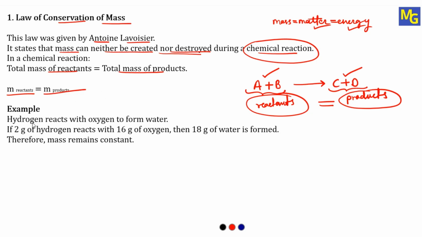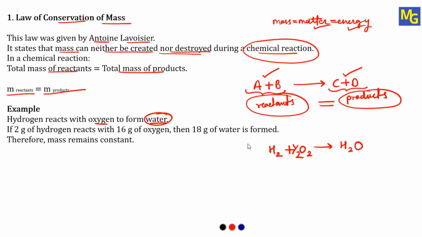Now see the example. Hydrogen reacts with oxygen to form water. To prepare water, the reaction is H2 plus O2 gives H2O, and to balance it we have to take half O2.